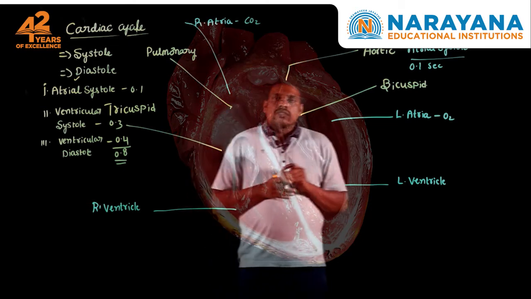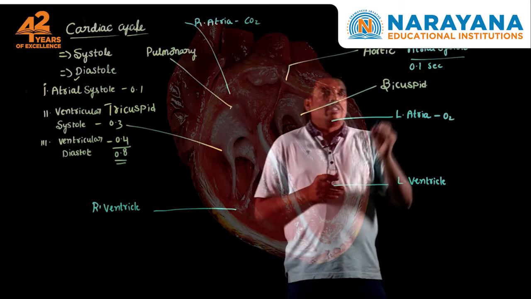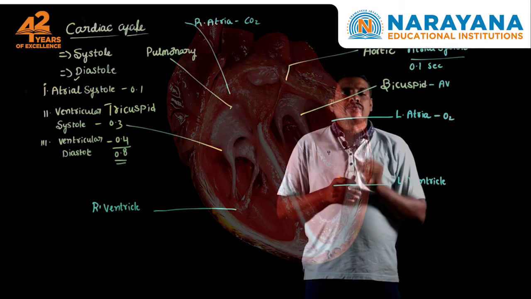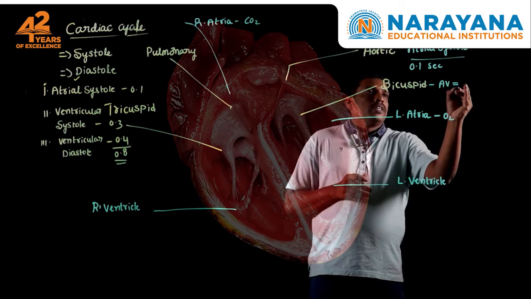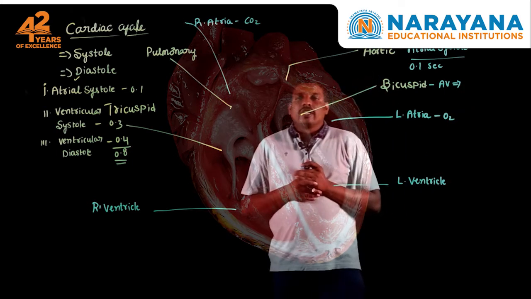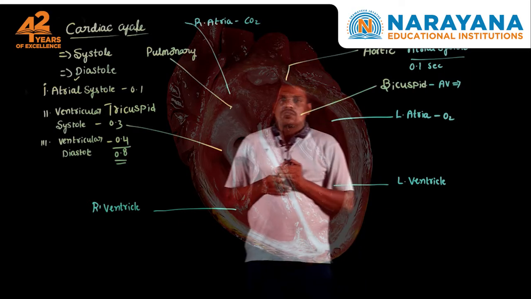Now during atrial systole, the bicuspid valve and tricuspid valve, together called AV valves, are open. What are the changes that occur?